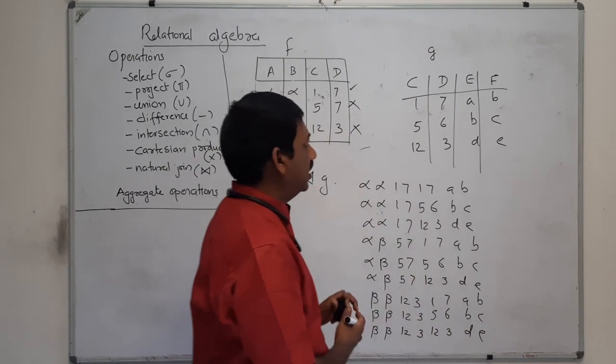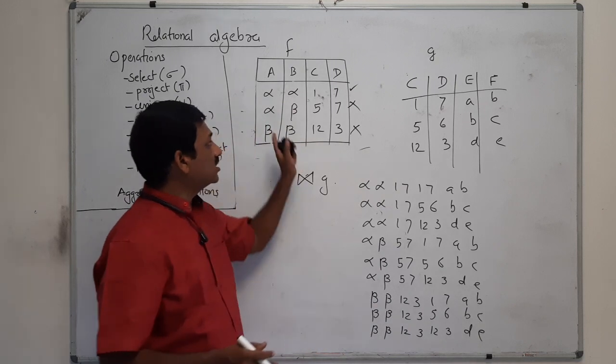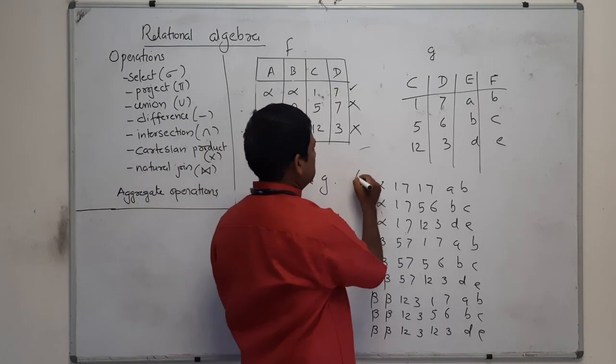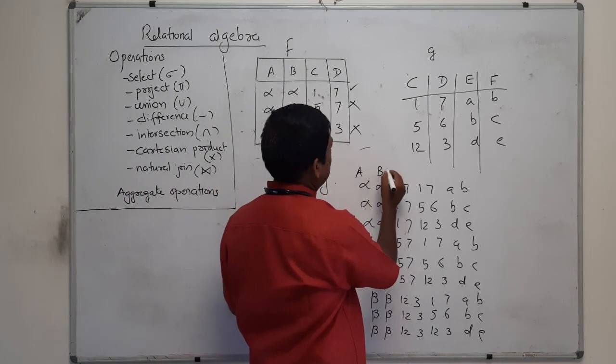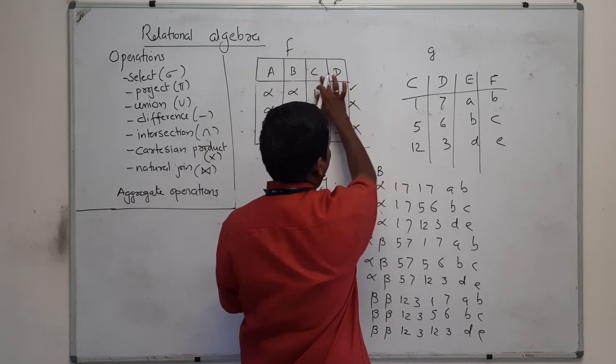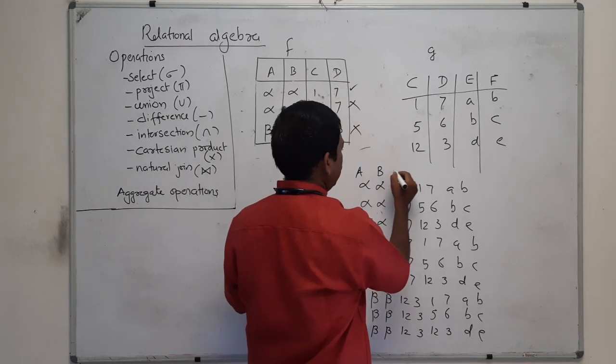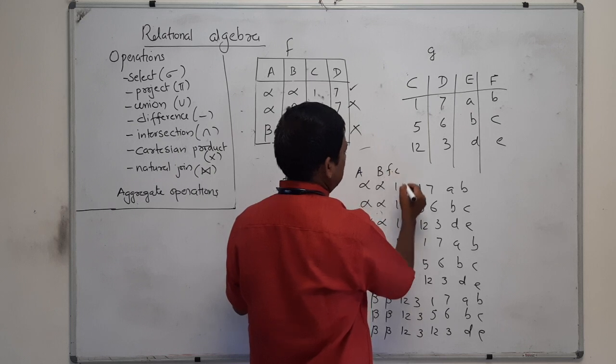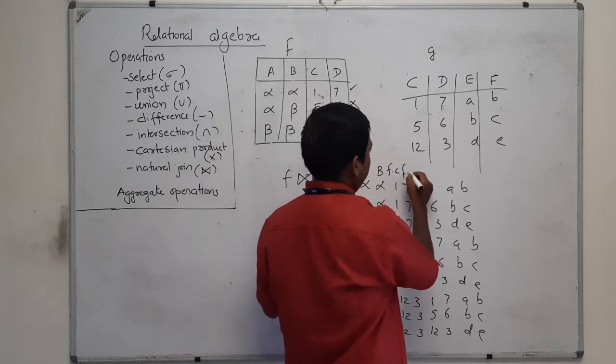That means now you have taken the Cartesian product. This is A, this is B. Here you are having C, here you are having C, so I am going to have F dot C. This is F dot D.